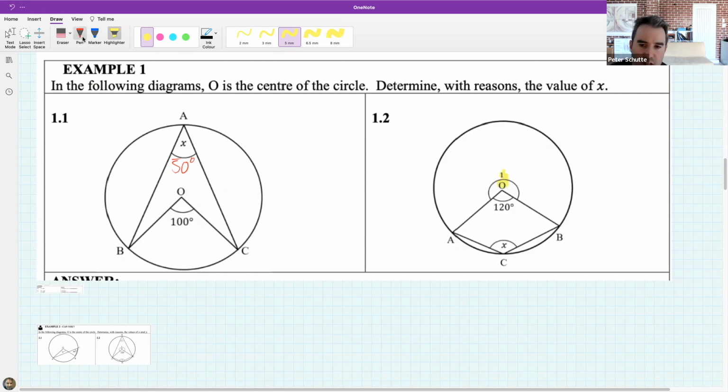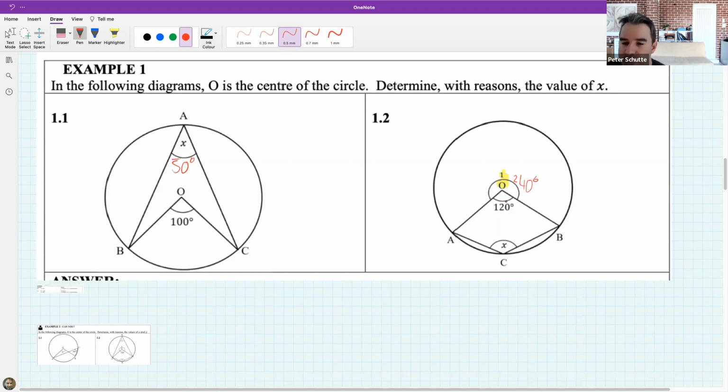Can you give me what O1 is? O1 is 240. Okay, how did you know it was 240? Because it's a major arc. Okay, yeah. And then also, isn't this an angle in a revolution? Like the whole way around always has to be 360. 360, yes, sir. So 360 minus 120 is 240.